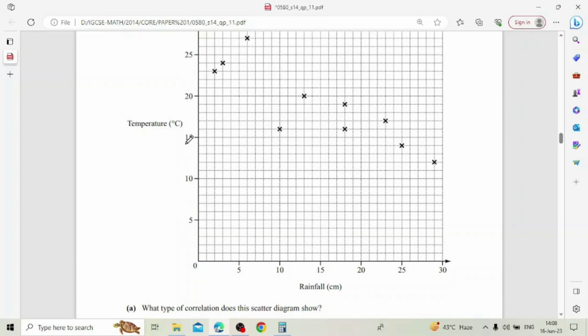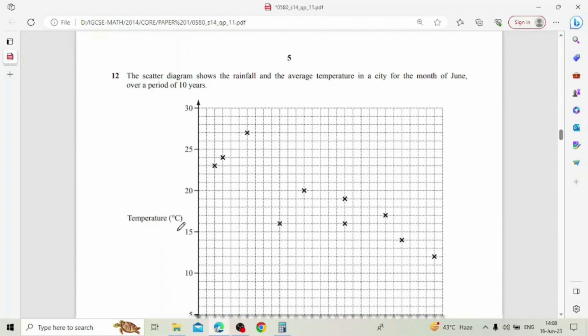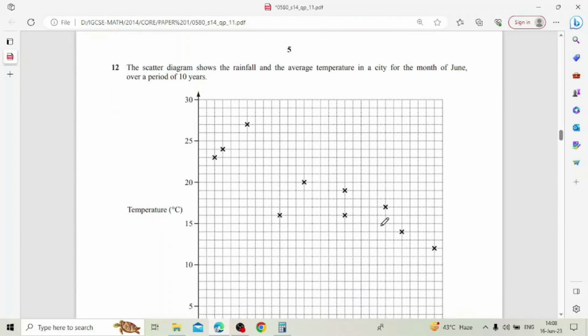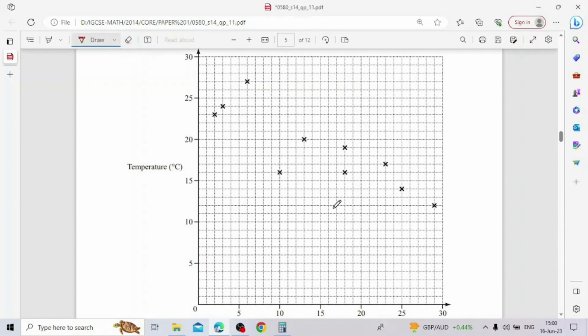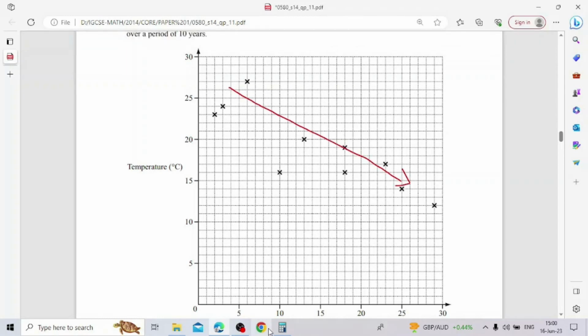Y-axis, the temperature. Yes, and this is over 10 years. So if we look at the values, over here they are aligned more towards the opposite direction.